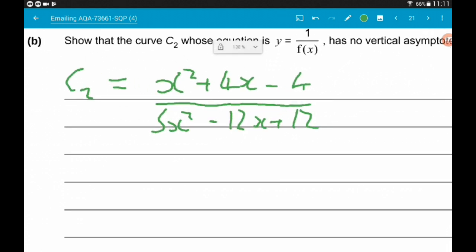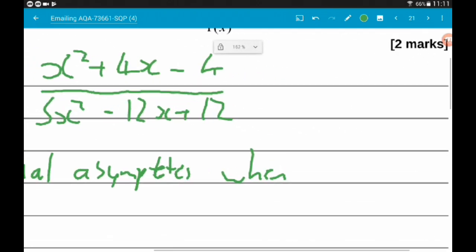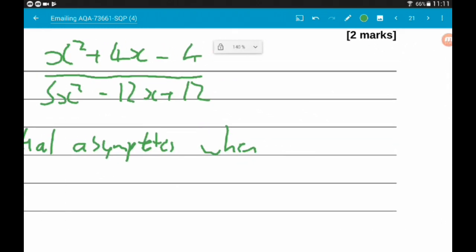So I'm going to say potential asymptotes when 5x squared minus 12x plus 12 is equal to 0. The reason that gives us asymptotes is because we would then be trying to divide by 0, which we can't do.